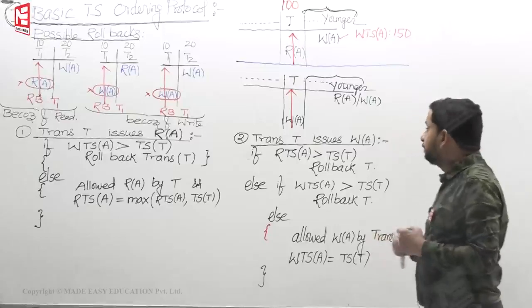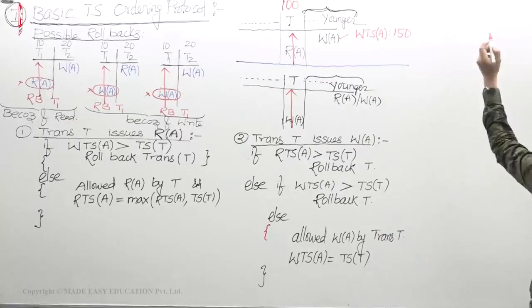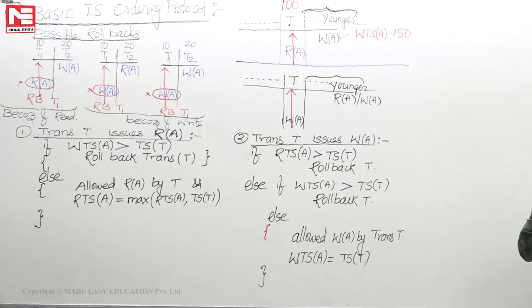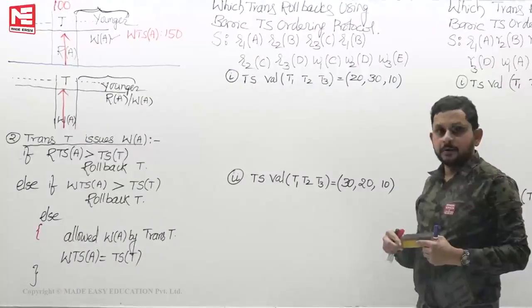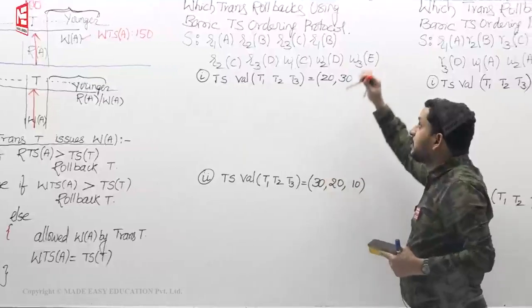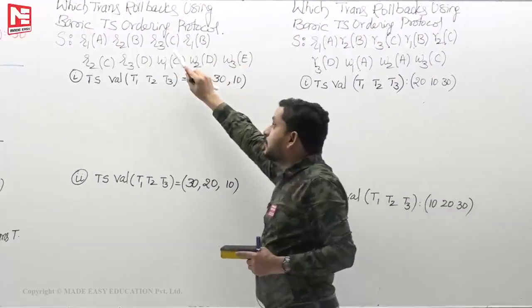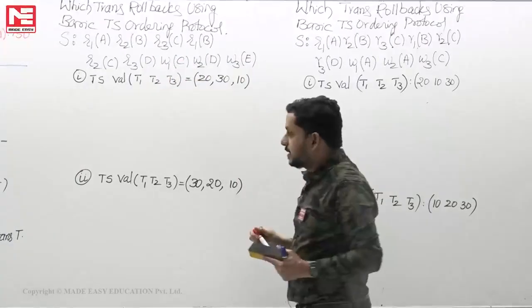Okay, so let us see a possible question from timestamp ordering. Consider the following schedule. Which transaction gets rolled back by using the basic timestamp ordering protocol? This is the schedule and these are the timestamp orders.